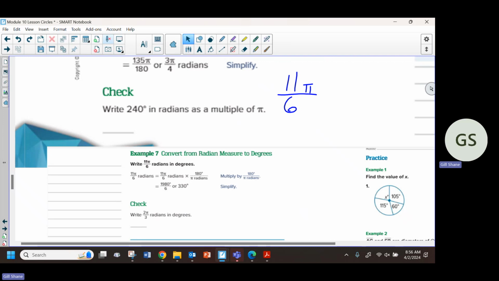We start almost every time by figuring out what, unless they give it to us. They do in a pie chart. So what percentage of the circle are we talking about? Visually, 11/6 is not a great number to figure out. What's half of a circle?